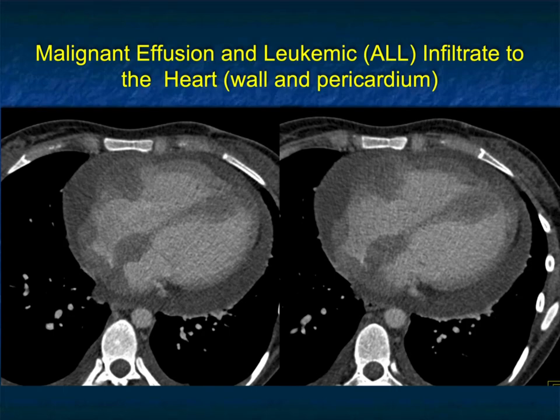Now, when you have malignant effusions, usually you have a pretty good margin around the heart. In this case, you see the large effusions, but then you see lobular masses, including in the interventricular septum, multiple large masses present. And this was a patient with malignant effusion. Yes, there was an effusion, but there was leukemic infiltration of the heart.